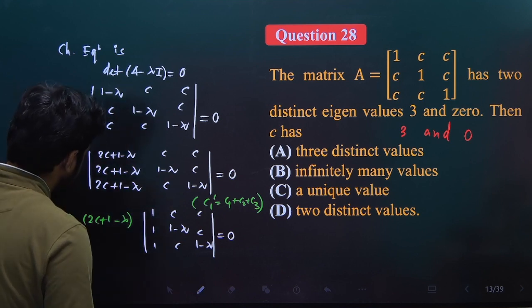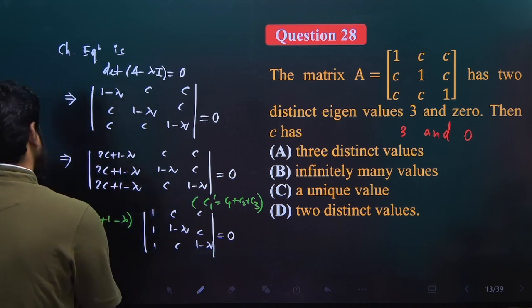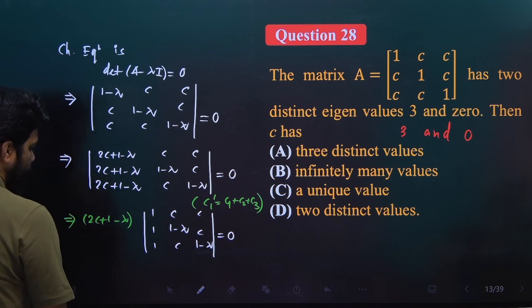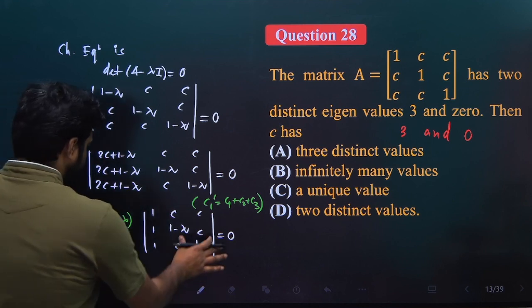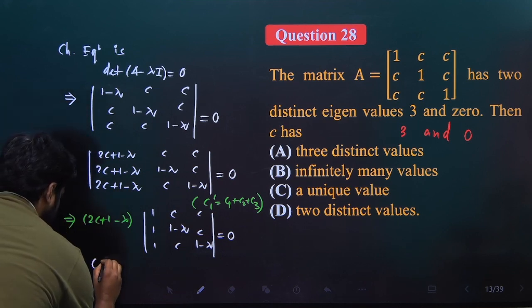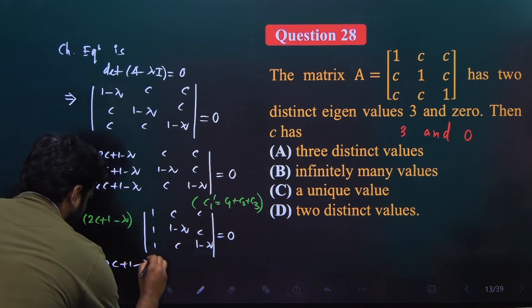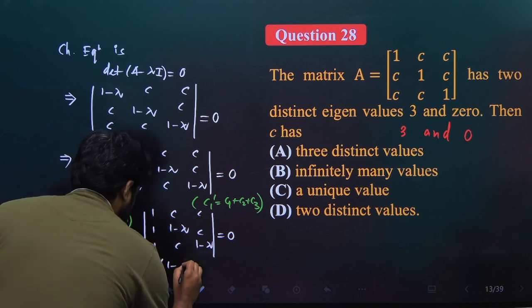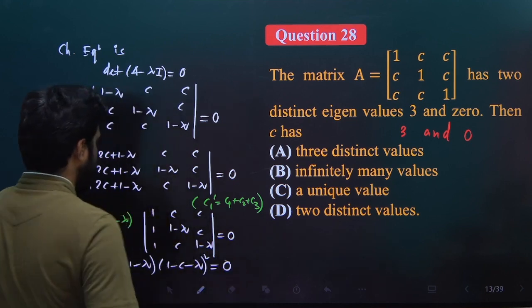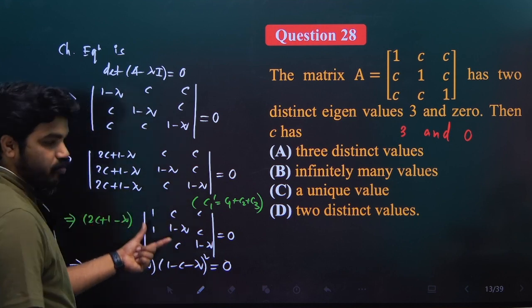You can simplify this. If you simplify, you get 2c plus 1 minus lambda into 1 minus c square is equal to 0.